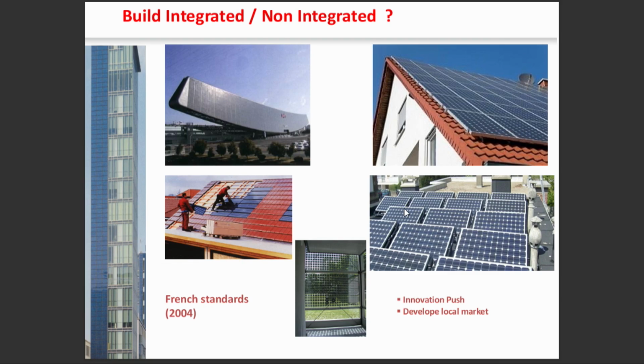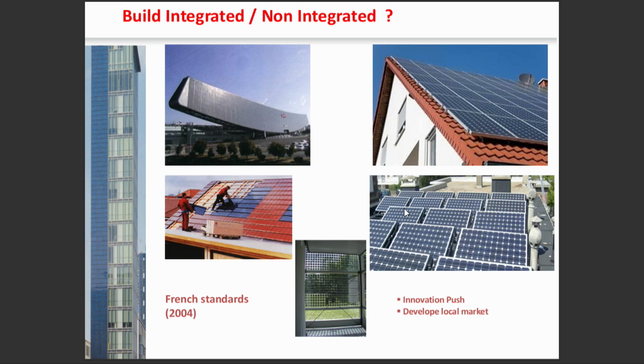So there is what is considered to be integrated to a building. There was a big debate in the beginning of the 2000s about what is integrated to a building, and there was a big push to consider that PV is integrated to a building only if it replaces a building envelope or a building element.